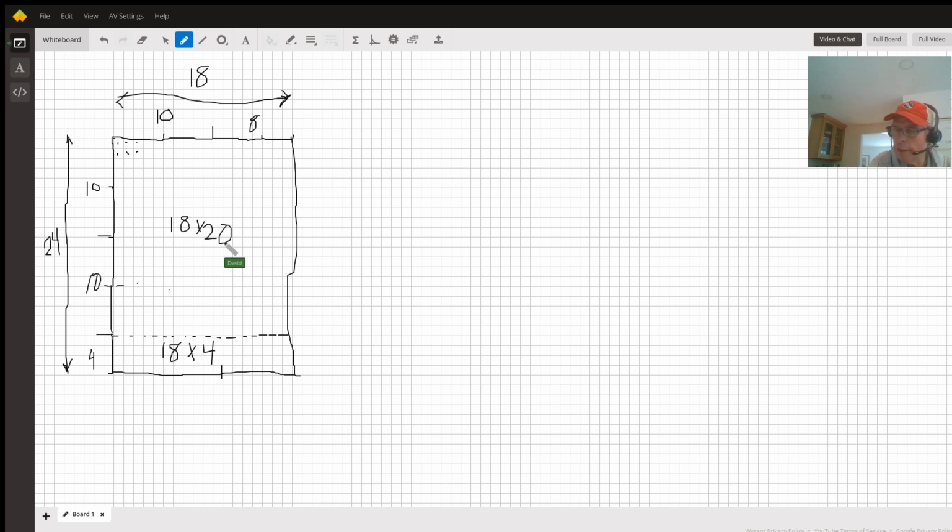Now you already know how to do single digit multiplication, so you already know 18 times 4 and how to do it. Okay, you put down the 2, you carry the 3. 1 times 4 is 4 plus 3 is 7. That's 72. There's enough room for 72 plants down here. Now in this section up here, you have 18 times 20.